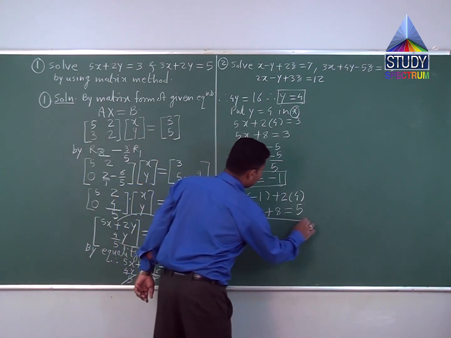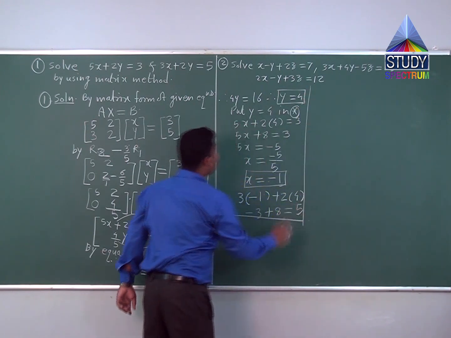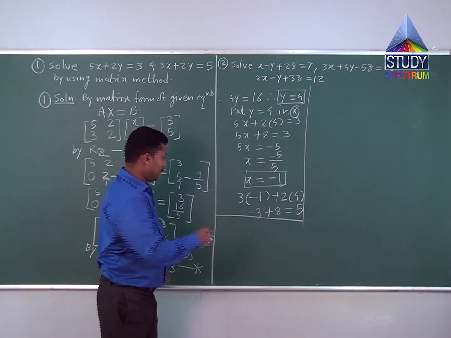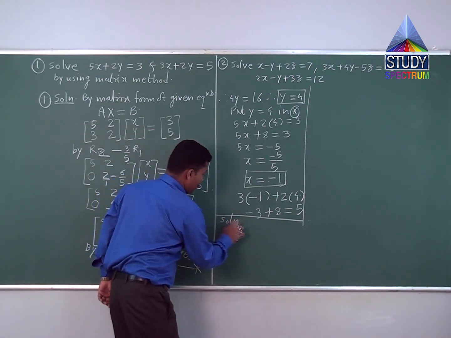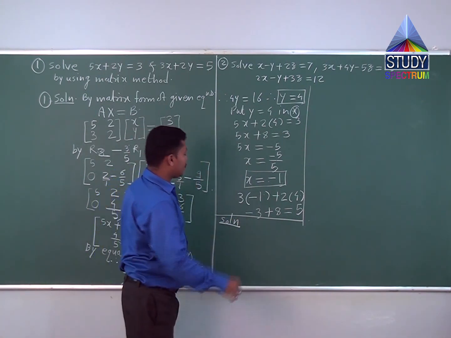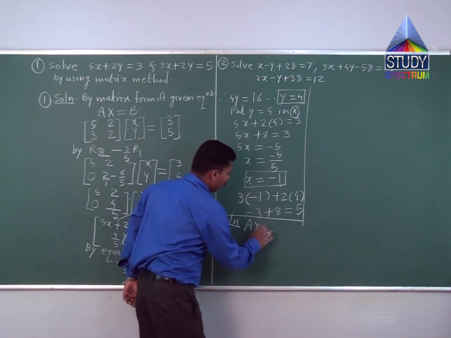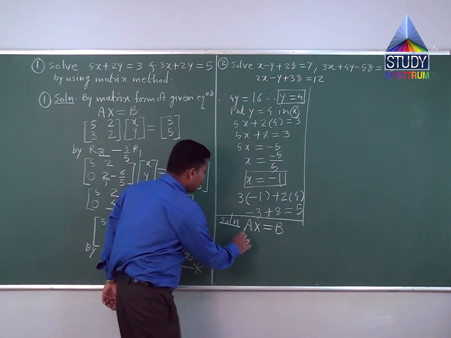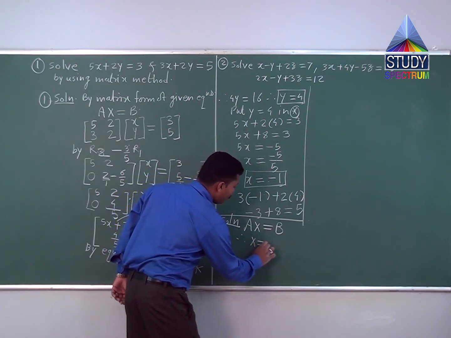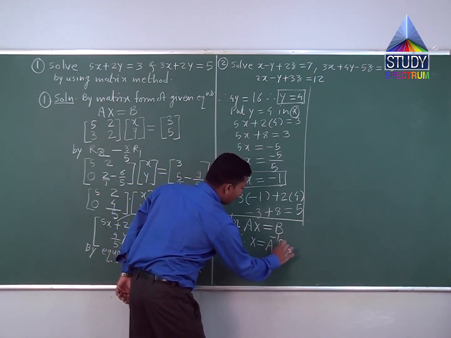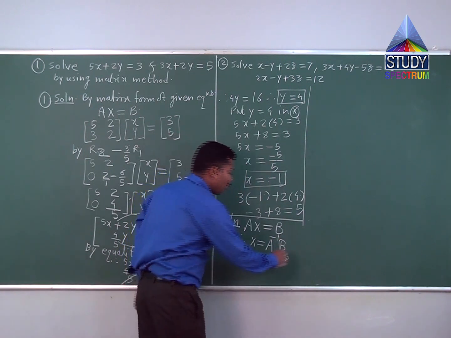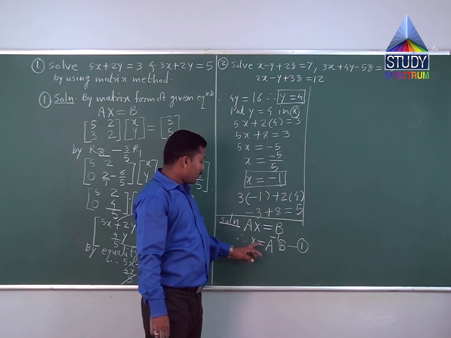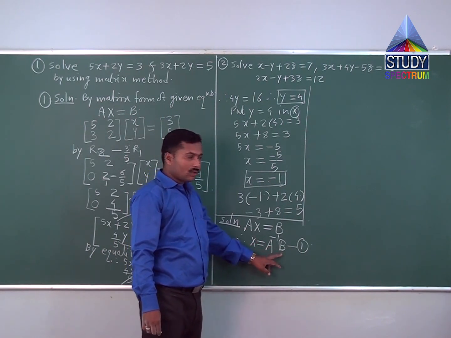So the matrix form of the given equations is AX equal to B, therefore X equal to A inverse B, capital X equal to A inverse B. Here, what is our X, what is our A, and what is our B.